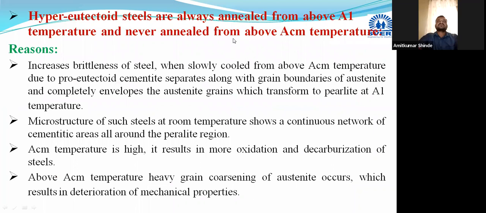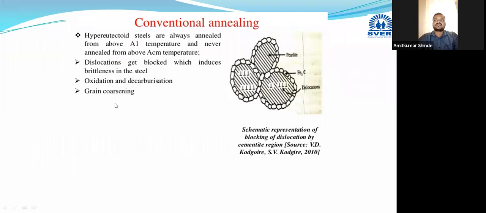Whenever we are performing the annealing, some results are there. I will show you the diagram also, in the next slide I have added that diagram. Hypereutectoid steels are always annealed from above the A1 temperature and never annealed above the ACM temperature.